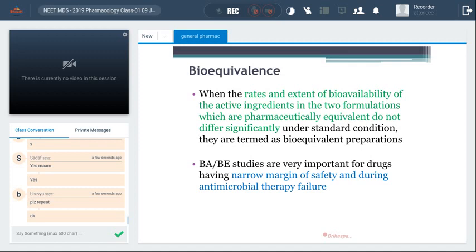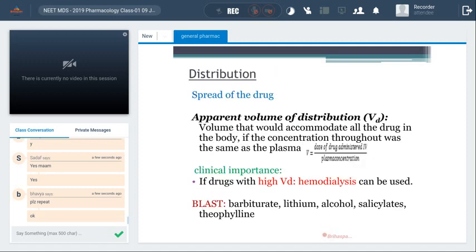Maybe because its bioavailability was less. I have given a proper antibiotic only, but it failed to produce an effect. Clear? These are a few cases where we perform BA/BE studies. Before bringing out any new drug into the market, we do BA/BE studies, that's bioavailability and bioequivalence.